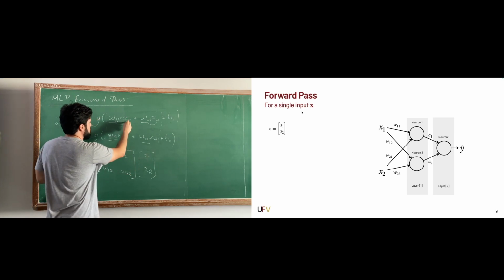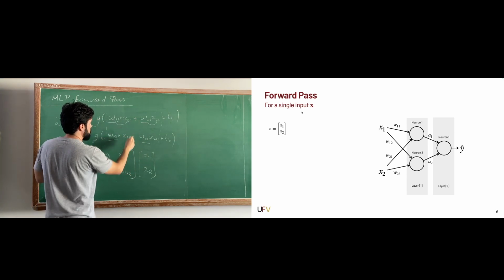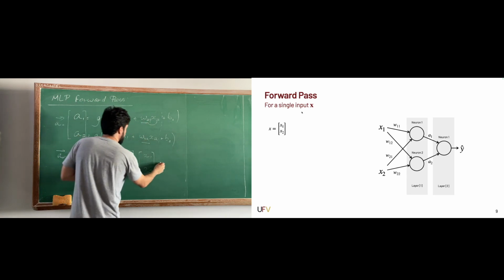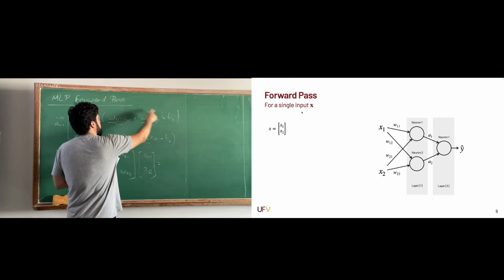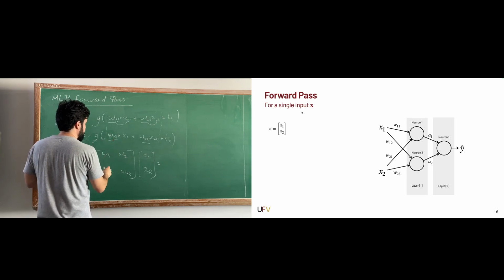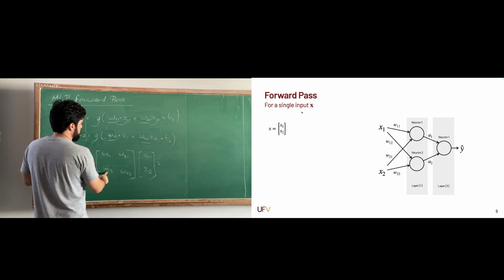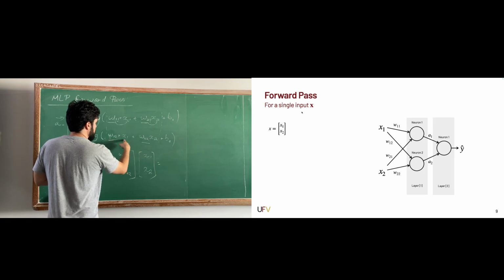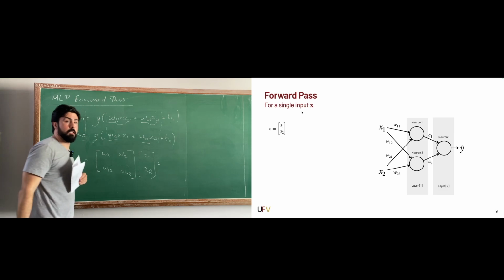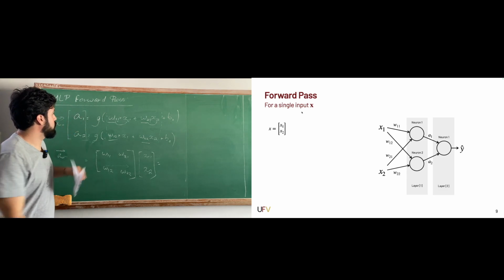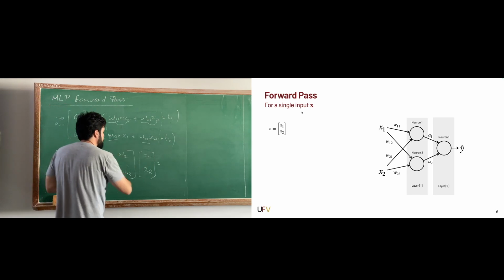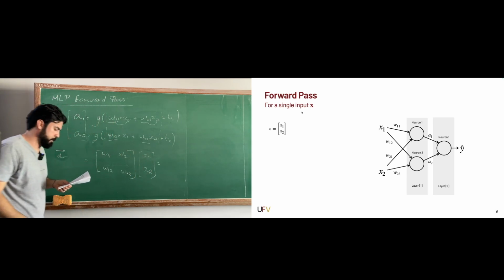W11 times x1 plus W21 times x2. This is the first row of the resulting vector, right? And here we would have W12 times x1 plus W22 times x2. Okay, so I combine these two computations in one matrix vector multiplication.